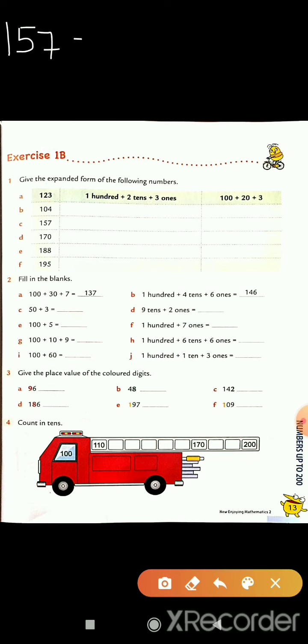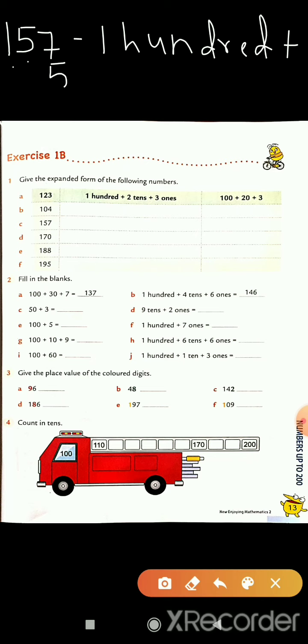Similarly, the next number, 157. How can 157 be written as expanded form? In the place of 100, 1 is there. So 100 plus what is in the place of tens? 5. 5 tens, plus what is in the place of ones? 7. 7 ones.